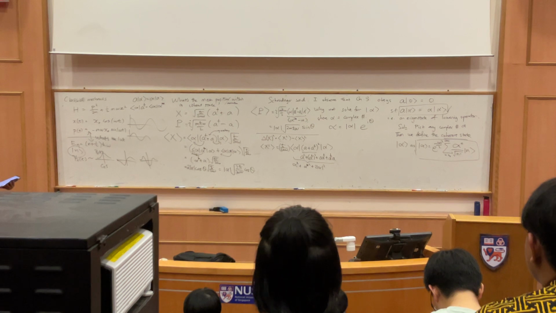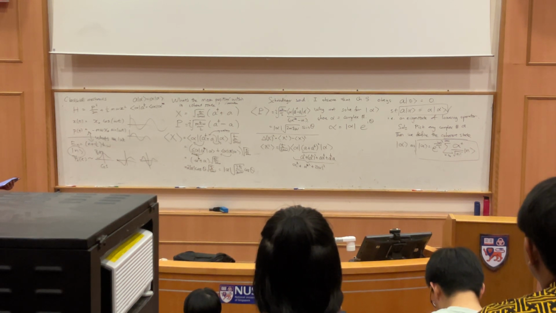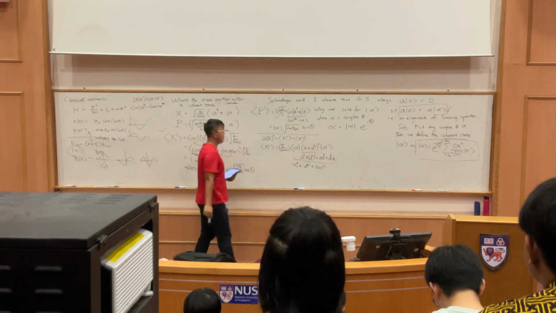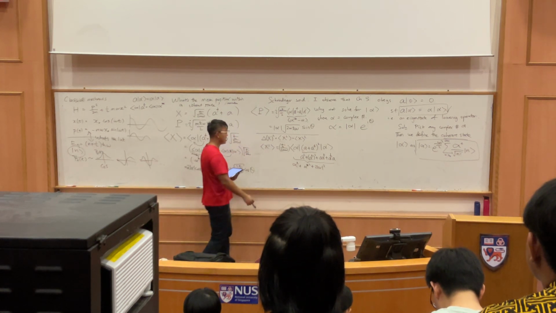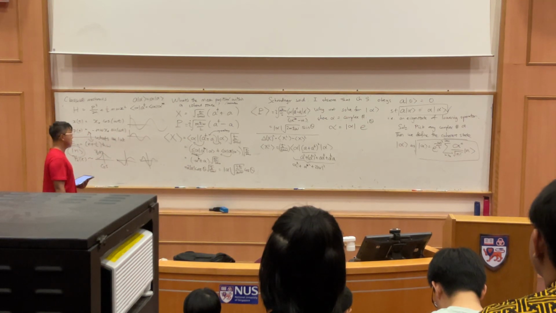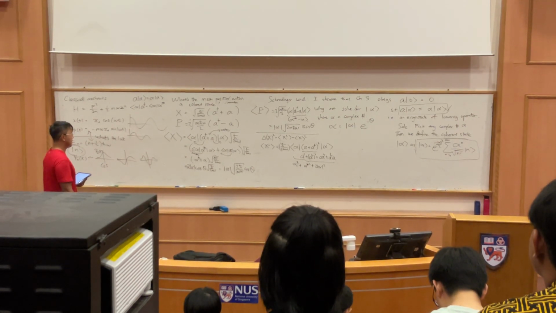Okay? So you can work out this calculation, and I guess what you'll find. Let's see, what's the best way to say this? The best way to say this is this.